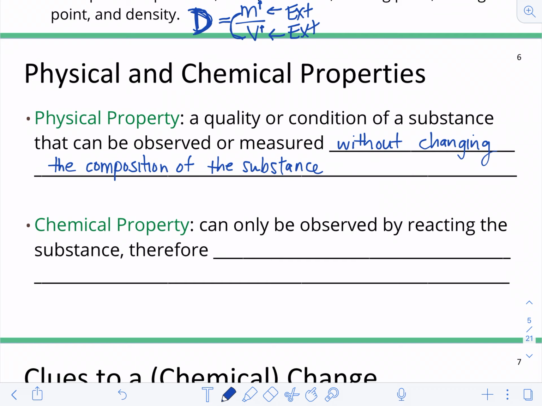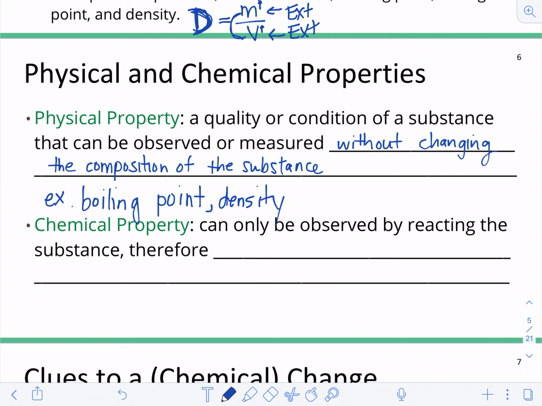An example of a physical property is boiling point, which is a temperature. I can test the boiling point and figure out what the boiling point of water is, but I'm not changing the fact that it's water. It's going to stay water. Another physical property is density.